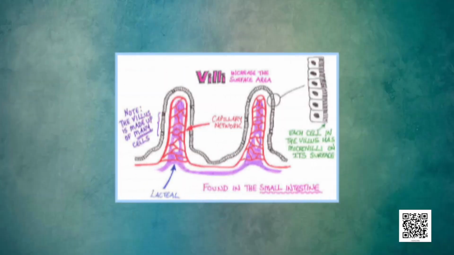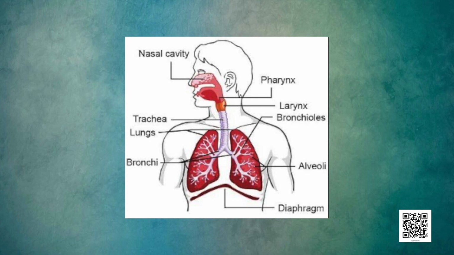Yes, it comes in the small intestine where the villi are richly supplied with blood capillaries, which absorb the nutrients in our small intestine and transport them to all parts of our body. Talking about that, now comes into the picture the respiratory system. So let's go ahead and understand the respiratory system also.